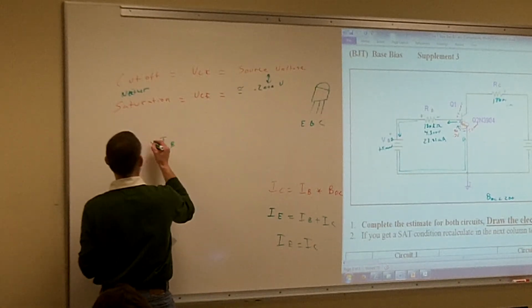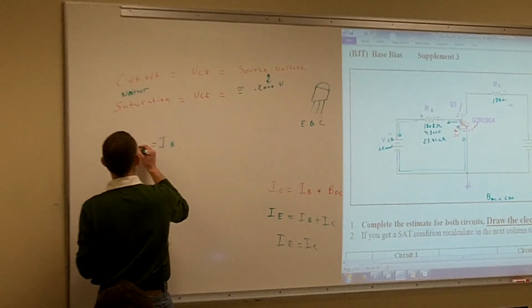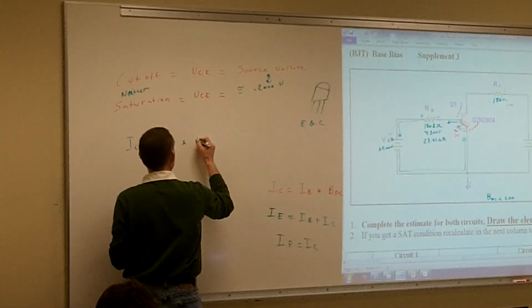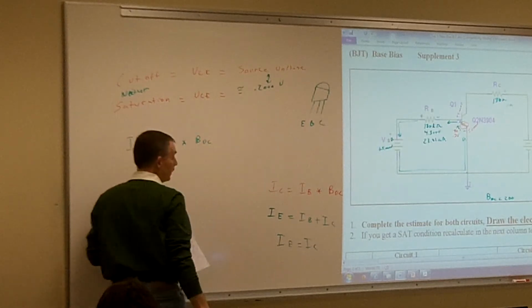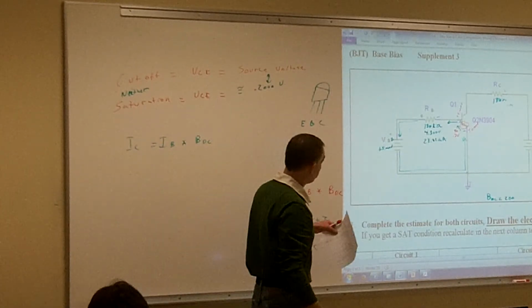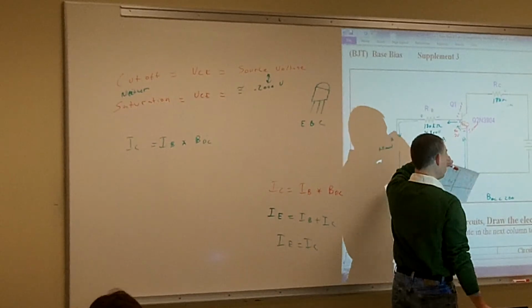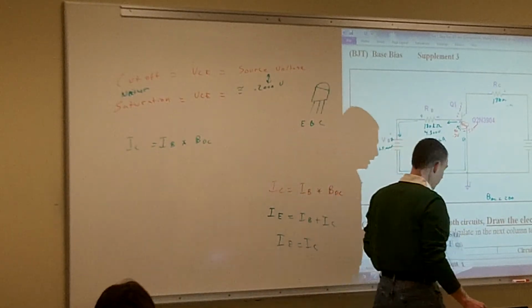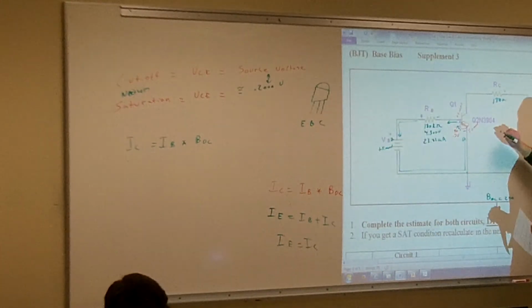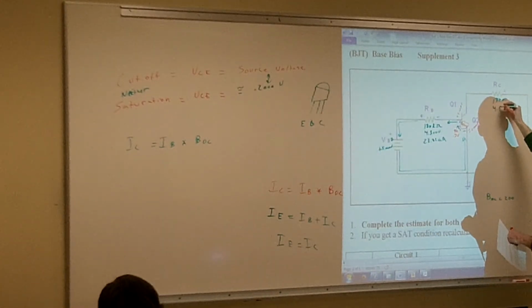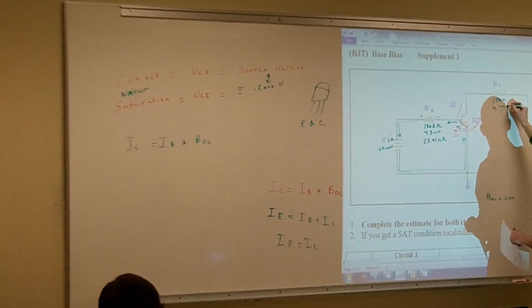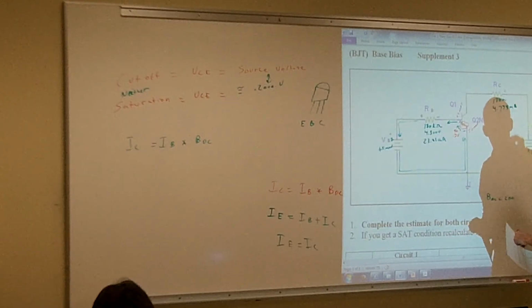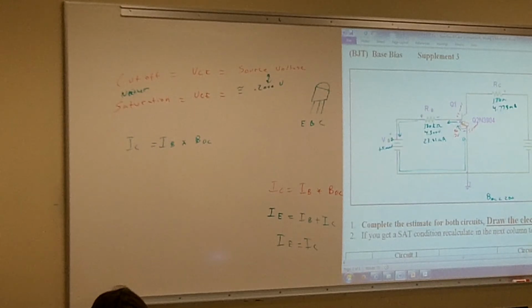Yeah, so my IC is equal to IB times my beta DC. So I'm going to take my 23.88 microamps and multiply it by 200. And what do I get for current of my collector there? 4.778 milliamps. Okay? Good. All right, then now what's my next step?